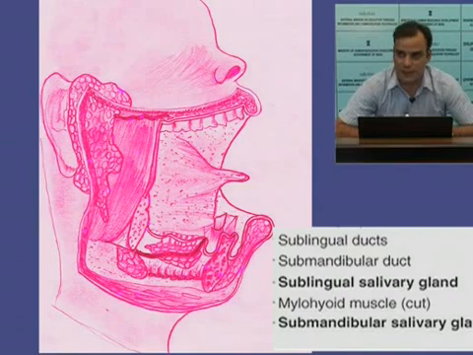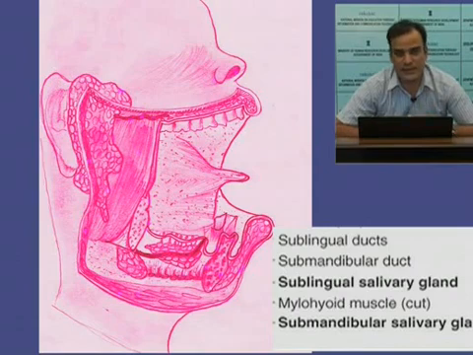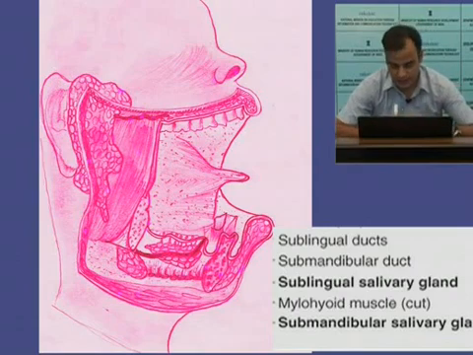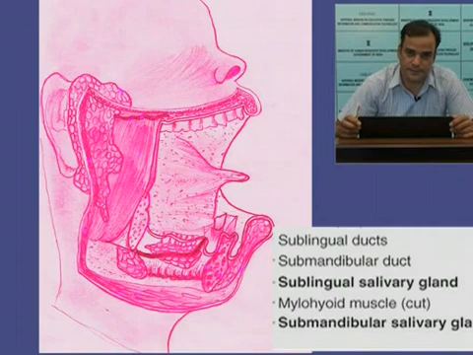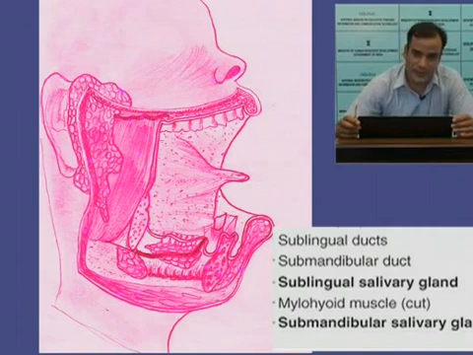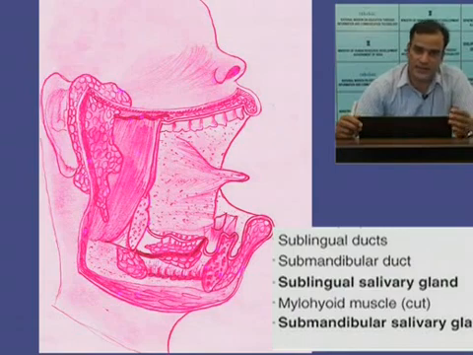And the sublingual gland also has a major duct that joins the submaxillary duct and then opens at the frenulum of the tongue.